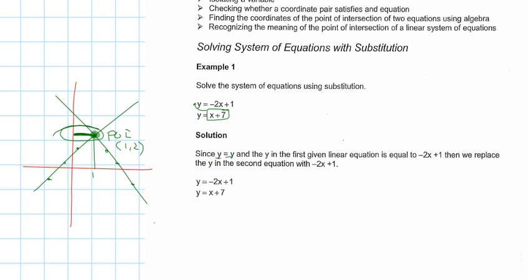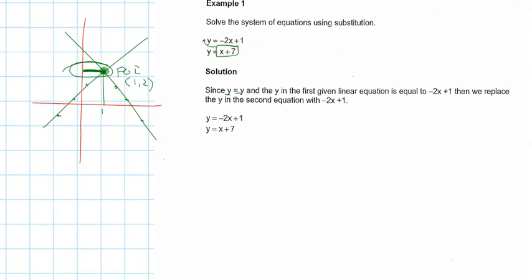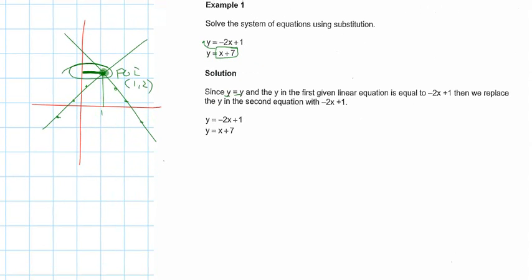So what happened here is, instead of writing y equals negative 2x plus 1, I write x plus 7 equals negative 2x plus 1. Okay? Does that make sense? It's called substitution. So I removed that y value and I substituted its actual value in the second equation. So I replaced it.